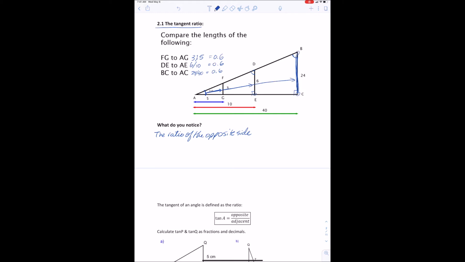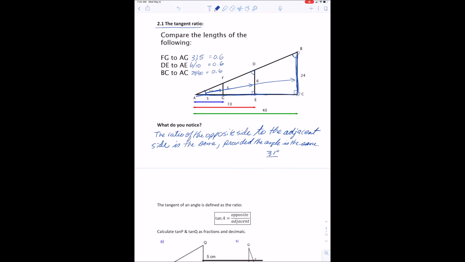So the ratio of the opposite side to the adjacent side, and the adjacent side, I mean down here, the base, compared to the height in this orientation, is the same, provided that the angle remains the same. And the angle is the same. It's 31 degrees in all of them.